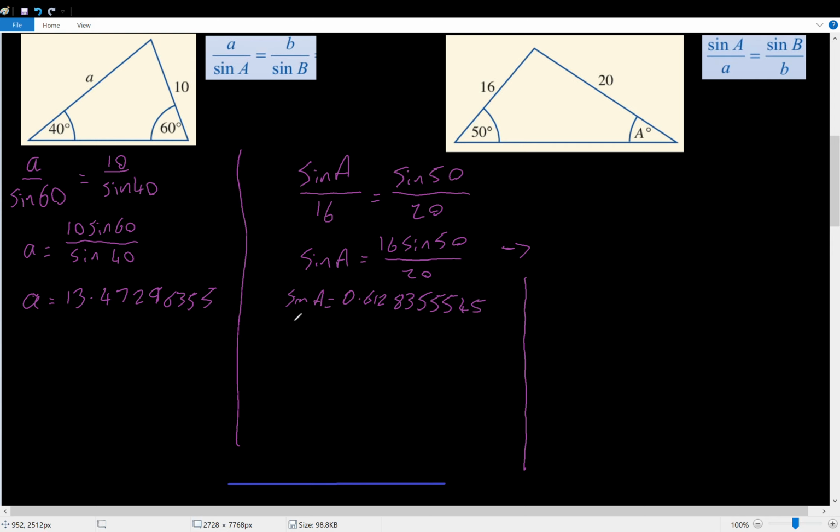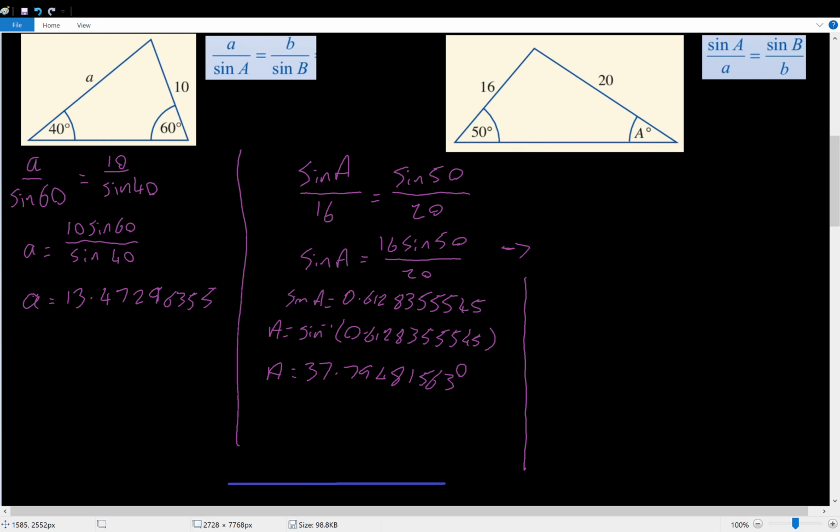And then in order to get the value for A, we take the inverse sine of that number. So A is equal to sine inverse of 0.6128355545, which means A is going to be equal to 37.79481563 degrees. Right, now that's one way we could go about doing this.